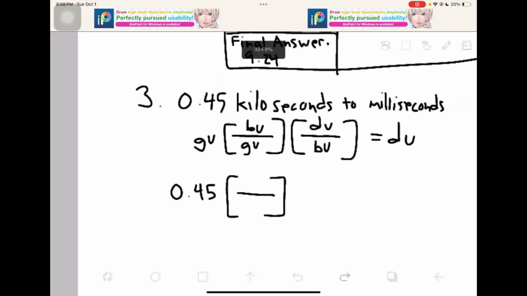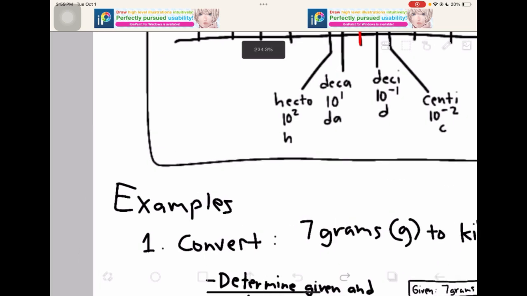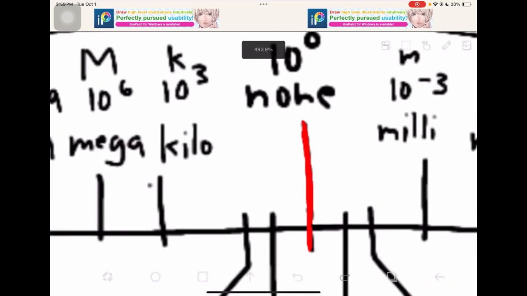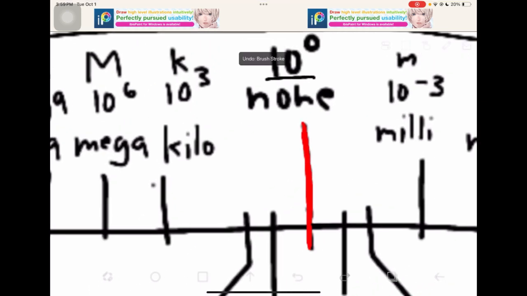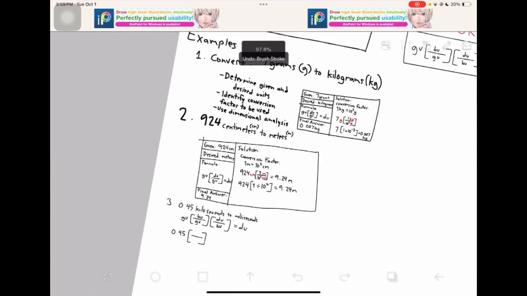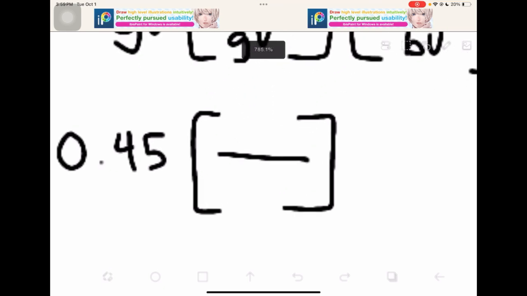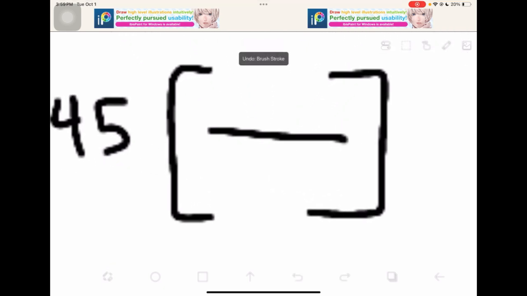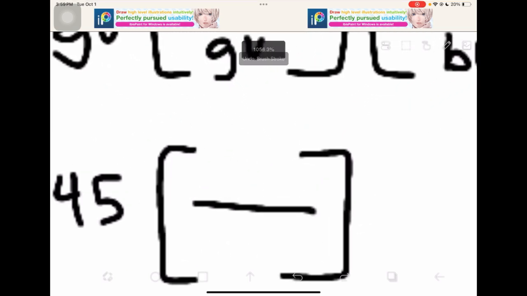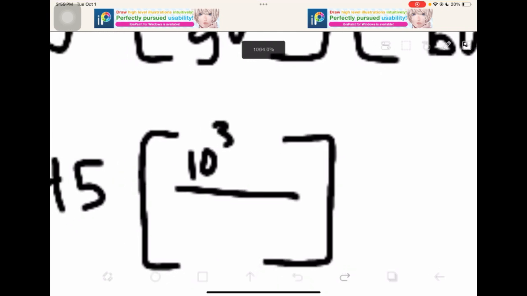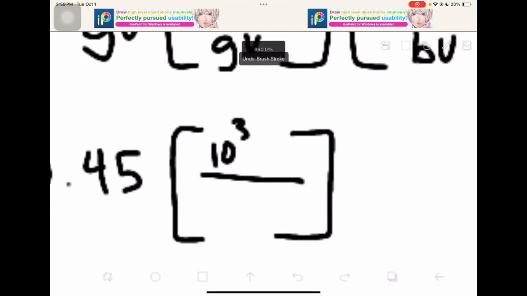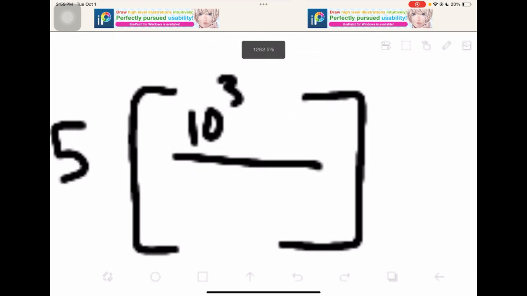So let's ask ourselves, what's the difference between a kilosecond and the base unit? As we could see, it's 10 raised to 3. So we put it back down here. So our given unit, the base unit, is 10 raised to 3 seconds, but we're not going to put that yet. And then that's equal to 1 kilosecond.